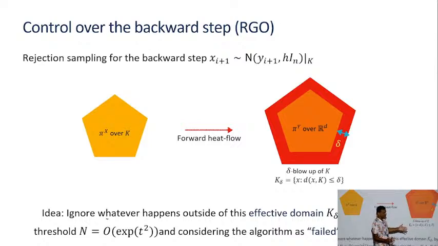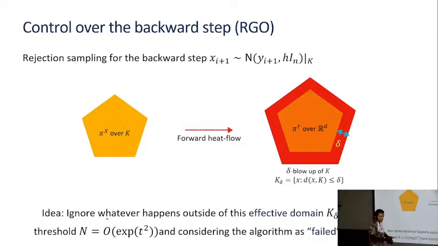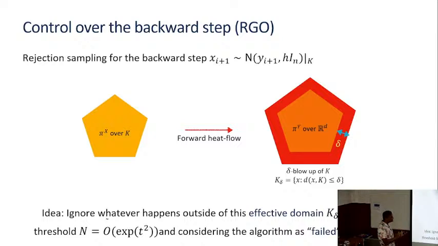That shows up in it. We need the volume of K delta to K to be small. If your set is not convex, you can have a very large boundary compared to the volume, and then you take one small step, you may stay near in distance, but you really have a very little chance of coming back inside. So in fact, the analysis should work for any set for which the boundary is small compared to the volume. Yeah, you don't really need convexity.